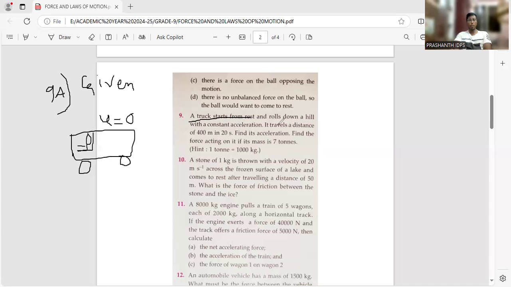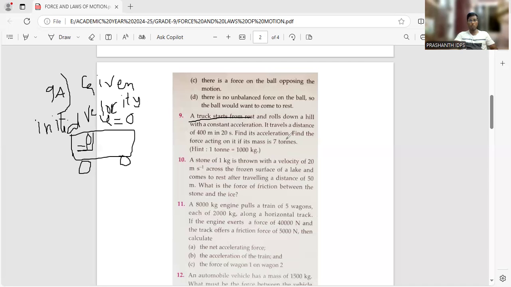I told you, whenever you find the word rest in the question, the initial velocity is 0. What is u? u is the initial velocity. Initial velocity u equals 0. We should take it because initially the body is at rest. This is a given value.